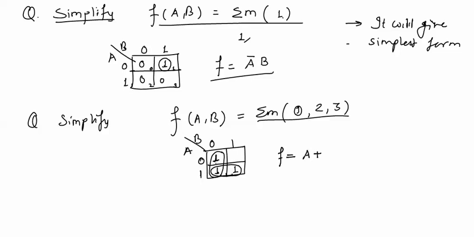Now for this second pair, both the ones have a value of 1 and 0, means a is changing, but the value of b for both the ones is logic 0, so it will be b bar. So for f the expression is a plus b bar.